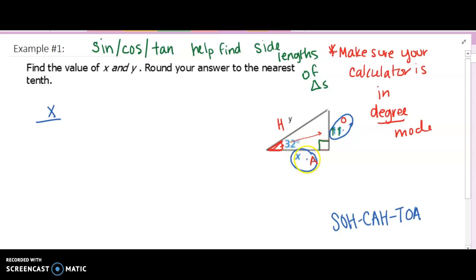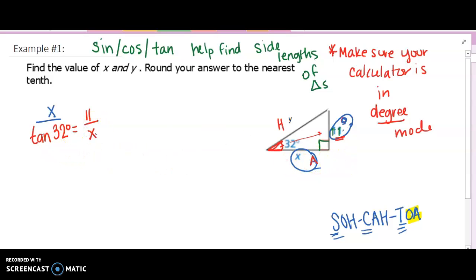The side that we know is our opposite, the side that we need is our adjacent, so we have O and we have A. I want to see which one of these has O and A paired together. That would be tangent. So I would write the tangent of this angle, which is 32 degrees, equals opposite, which is 11, over adjacent, which is x.